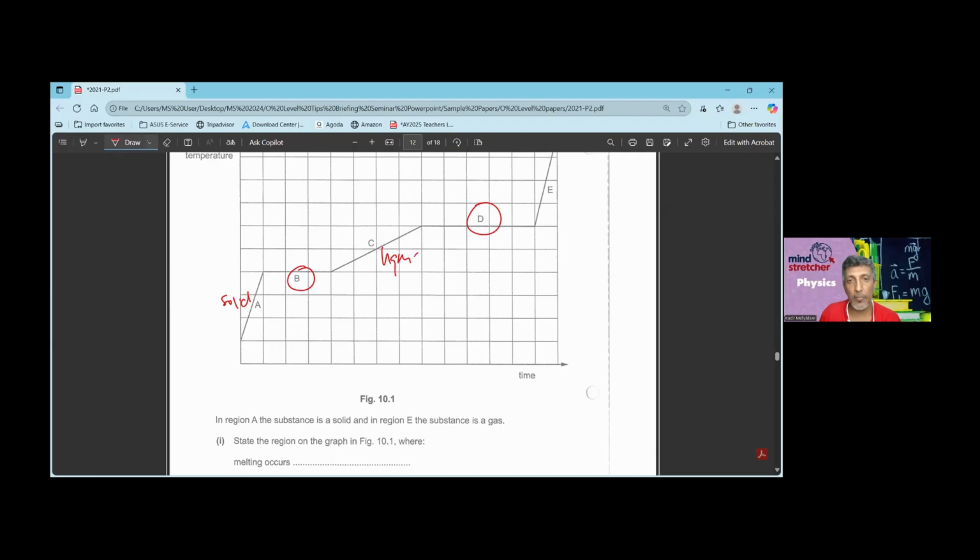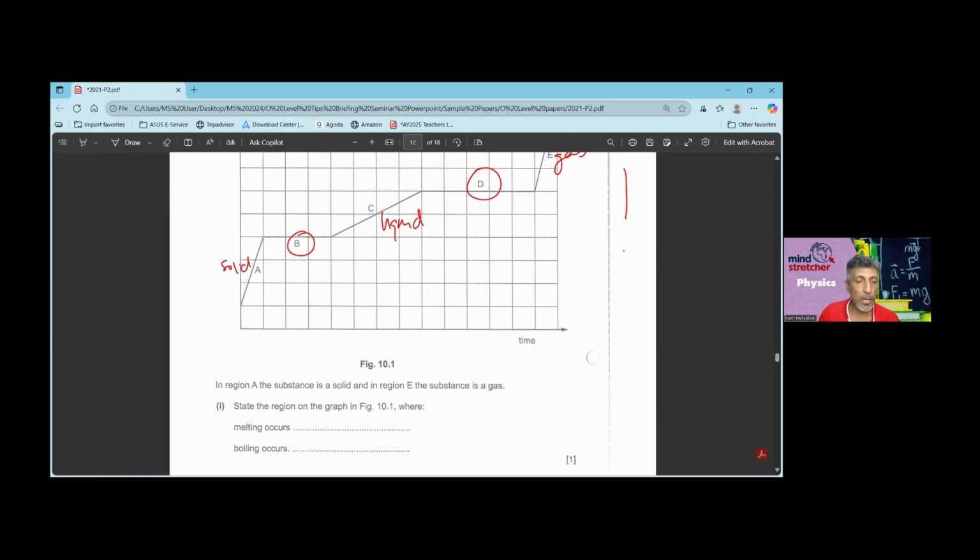Melting occurs at B. Then liquid changes to gas. When something changes state, you can have both solid and liquid, or liquid and gas. So boiling occurs at D.